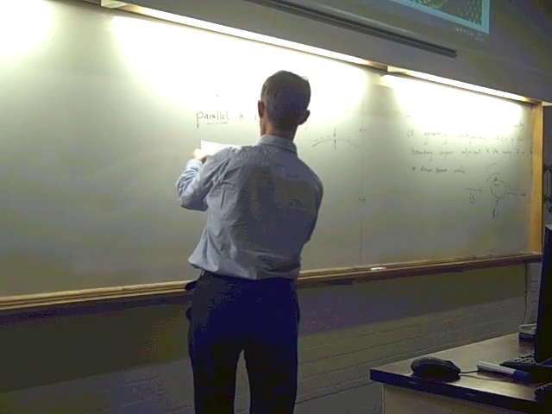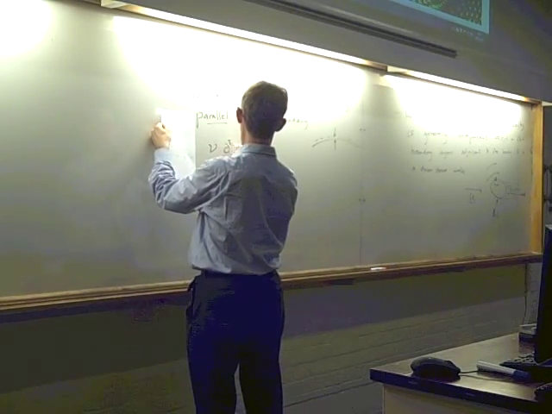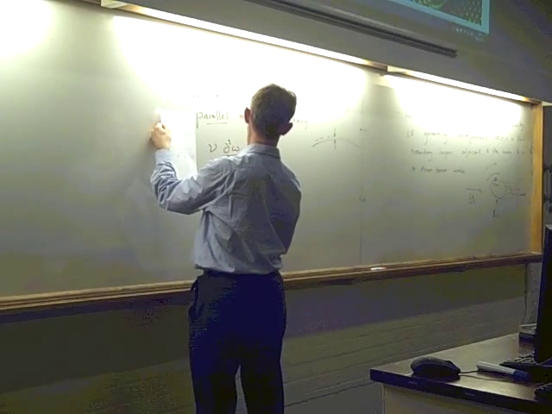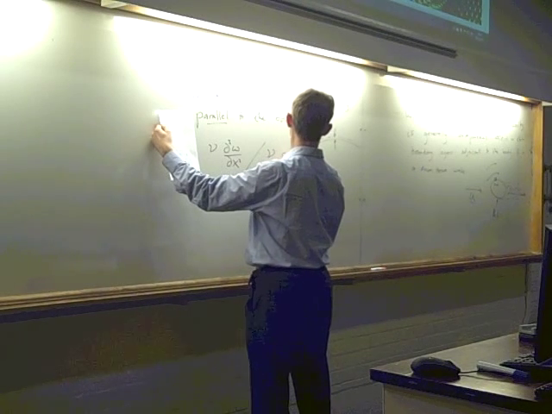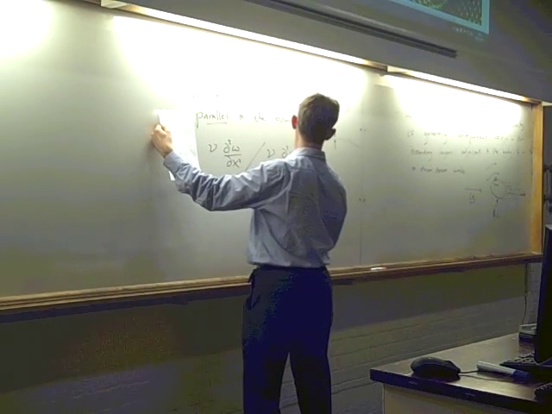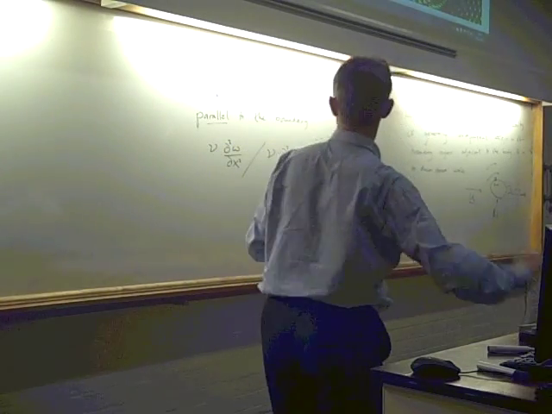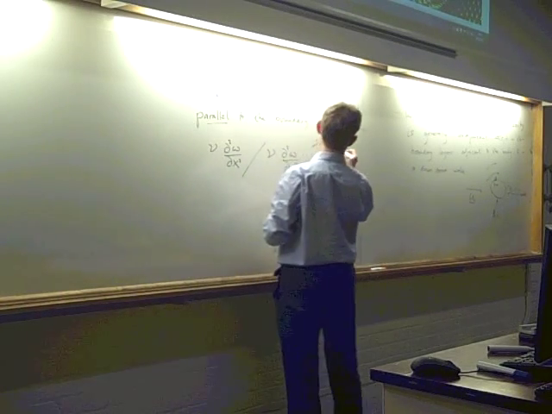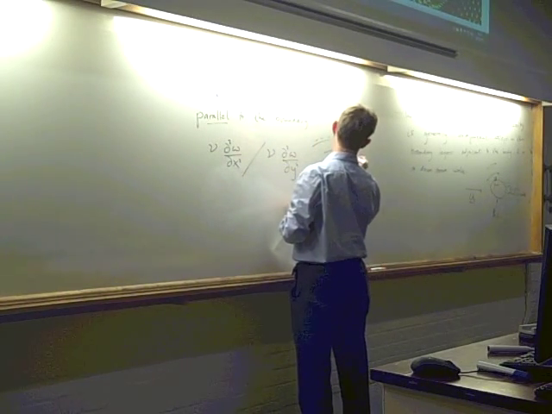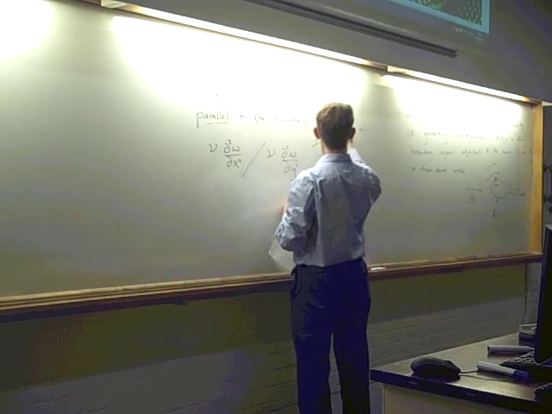Let's have a look. Here we're comparing mu d2 omega by dx squared divided by mu d2 omega by dy squared. Those are the two terms we've got. Let me draw a picture. We've got some coordinate x this way and some coordinate y going that way.